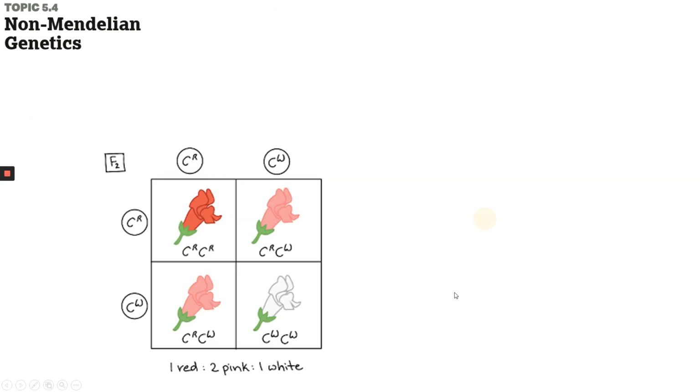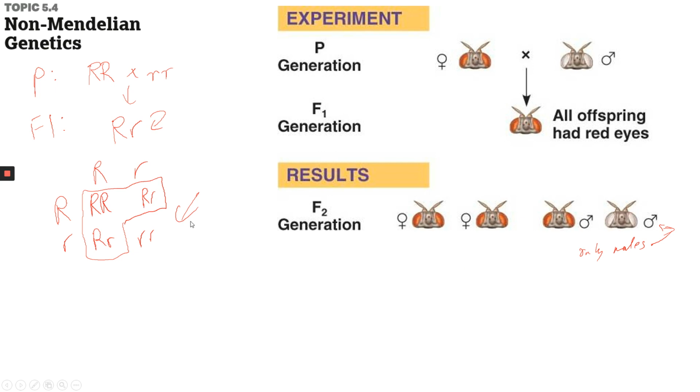So what he came to find out is this system worked a little bit differently. It's what's called a sex-linked trait. Well, this white eyes in the flies is a sex-linked trait.